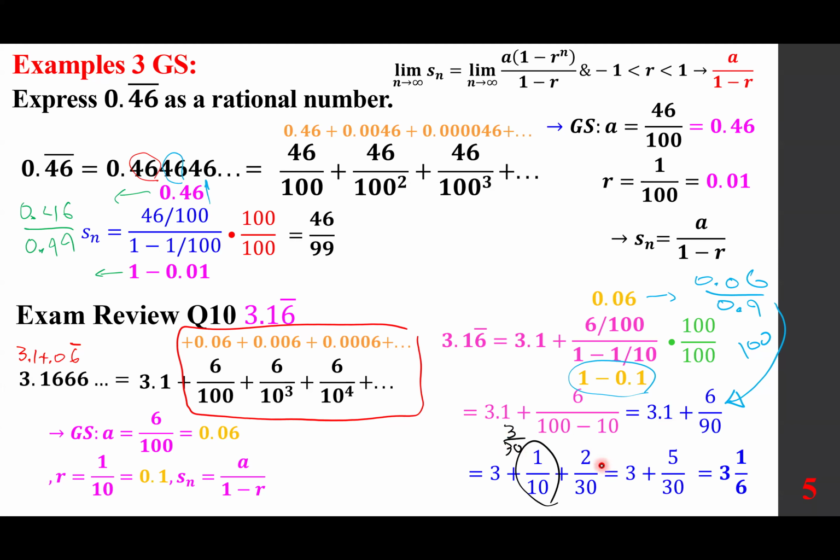So 3 and 1/6. If they don't accept this one from you because they want an improper fraction, please understand 3 times 6, 18 plus 1, 19 over 6. That's another way of writing it. Either way is fine.